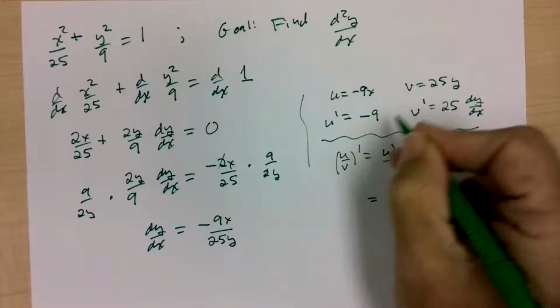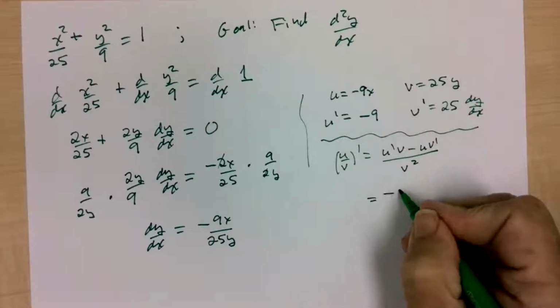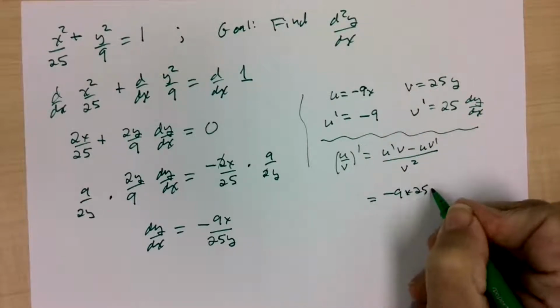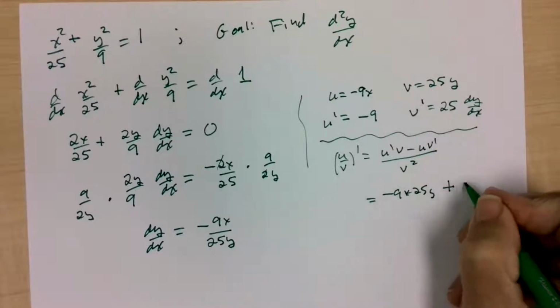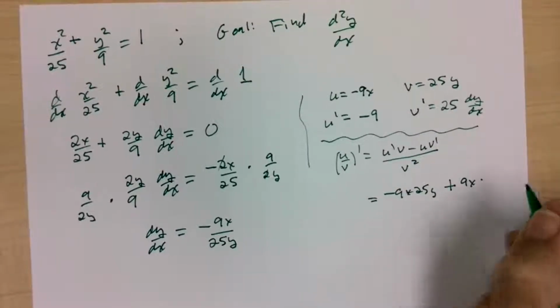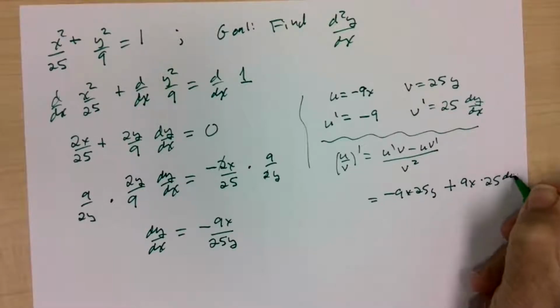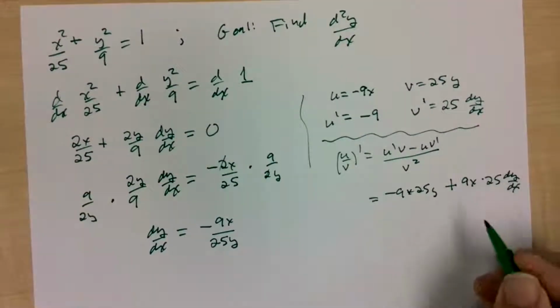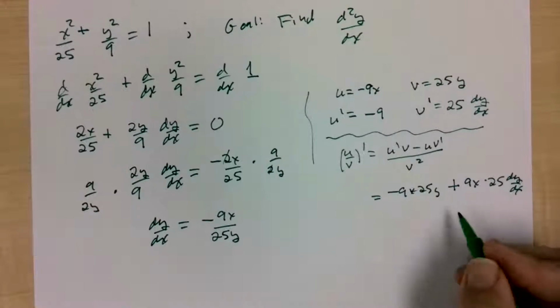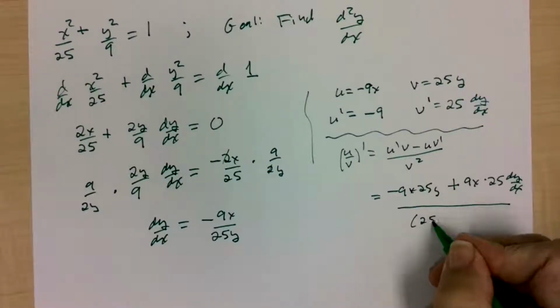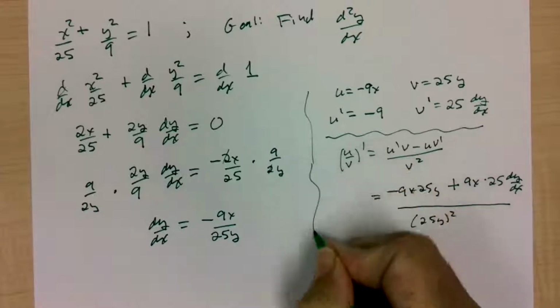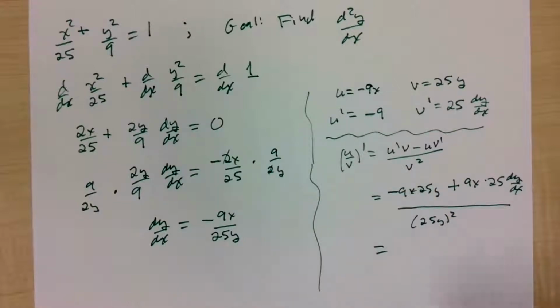all over v squared. u prime v: negative 9 times 25y, minus u v prime: minus negative 9x times 25 dy/dx, all over v squared, all over 25y squared. So what's that going to give us?